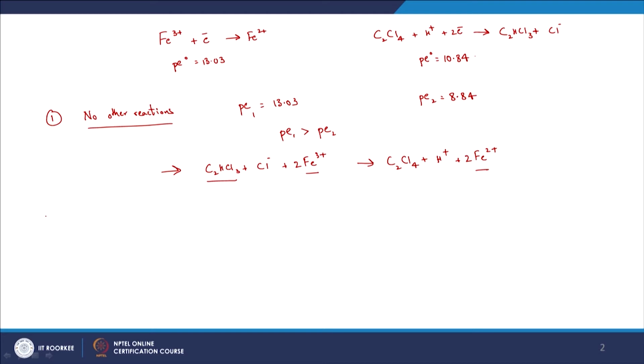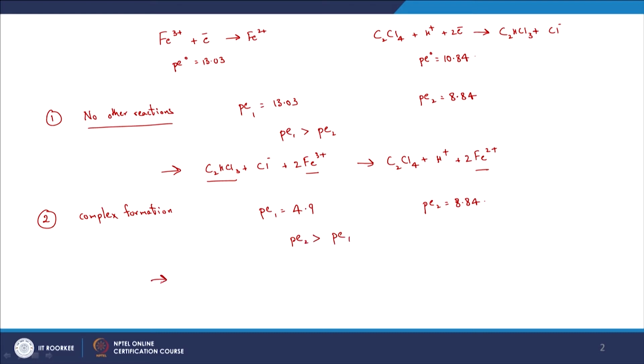But we saw that when we considered the other case, when we also have complex formation along with the redox, P1 dropped to I think 4.9 and P2 would still be the same, 8.84, right. And so now P2 is greater than P1.